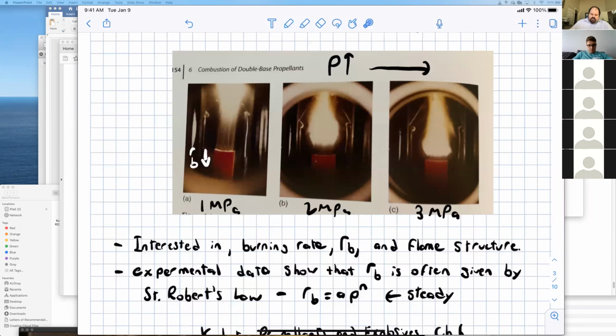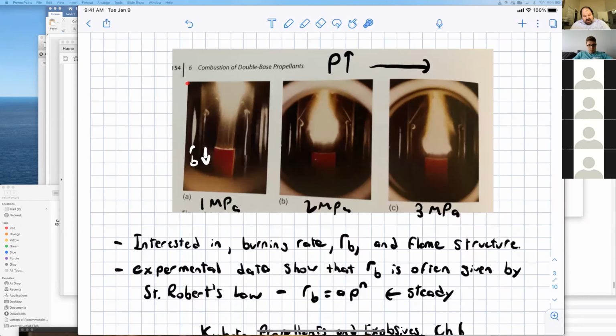Anyways, what we are after here is understanding what affects the burning rate of the propellant, or how fast the surface moves down. We are interested in understanding the flame structure. Your second computer project is actually looking at this for two propellants: one is nitromethane, and the other is an actual double base propellant.